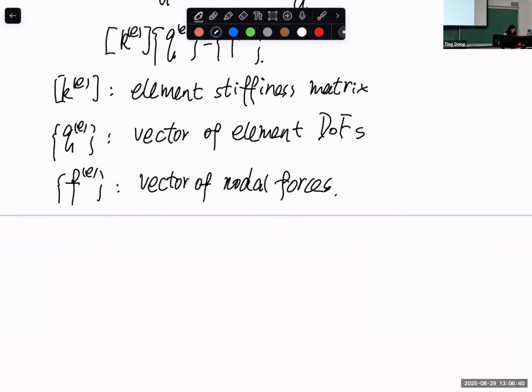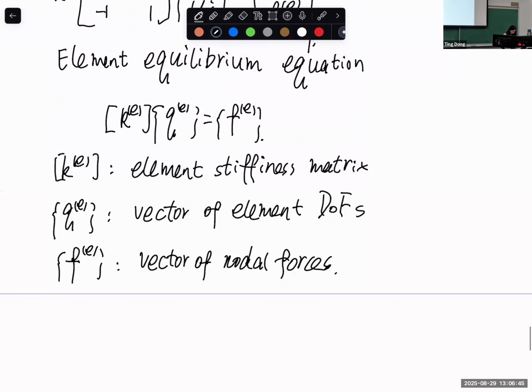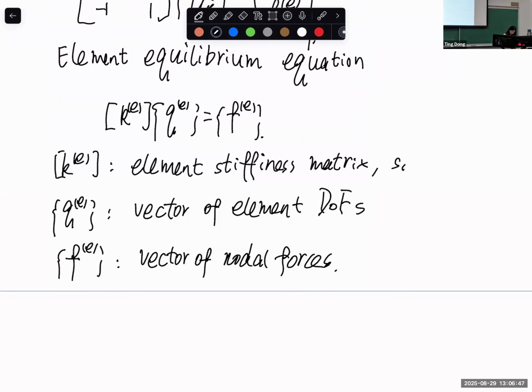So let's actually write down the properties of the stiffness matrix. It is always singular, or you can say determinant 0 is equivalent.